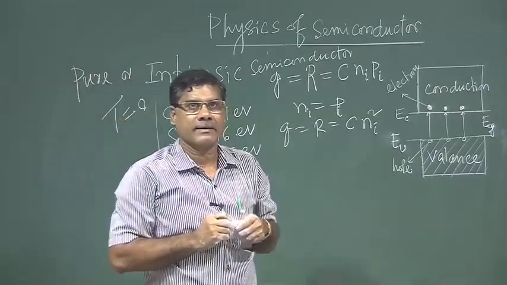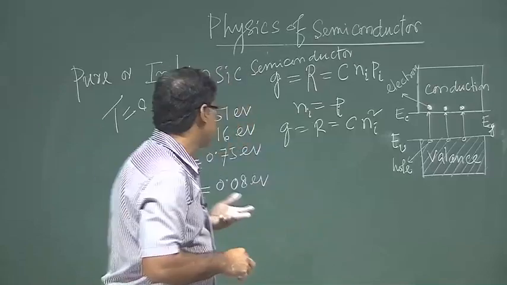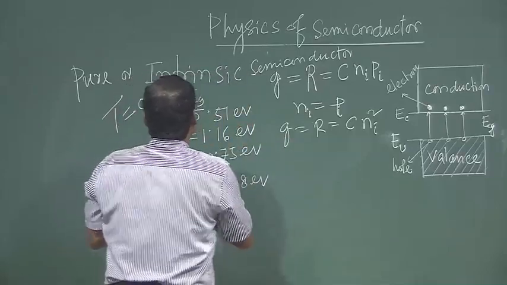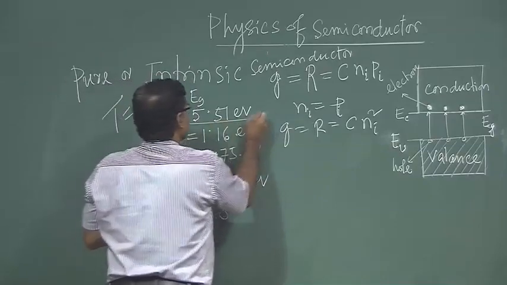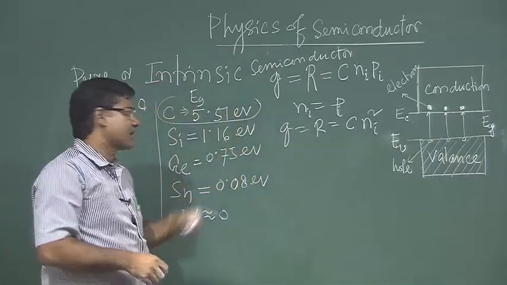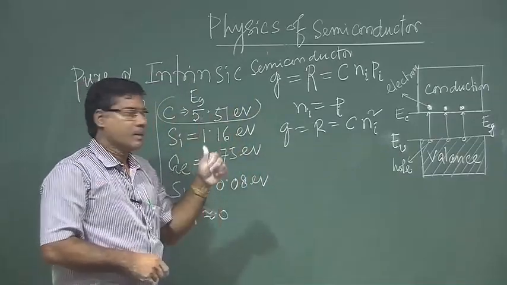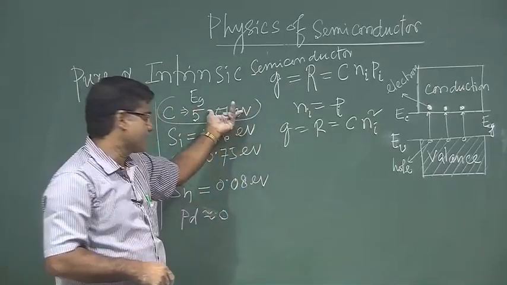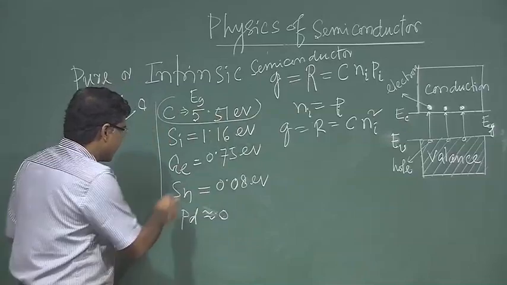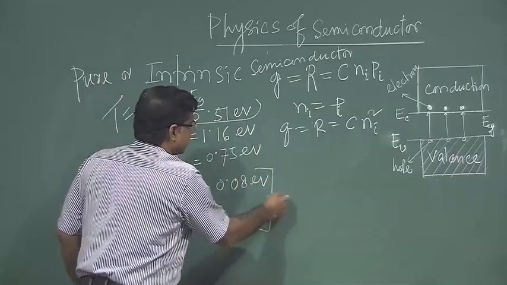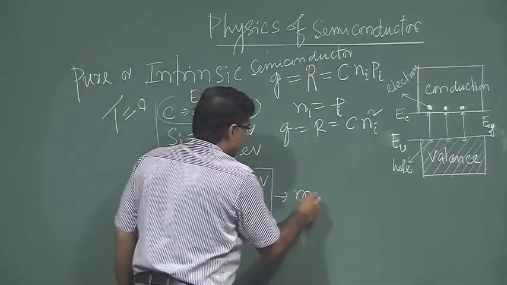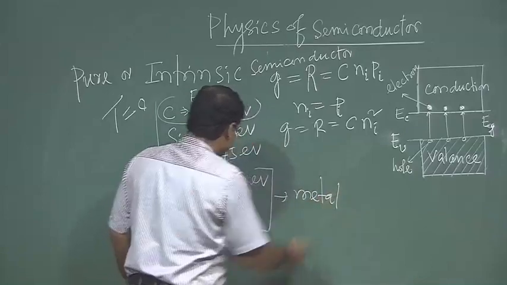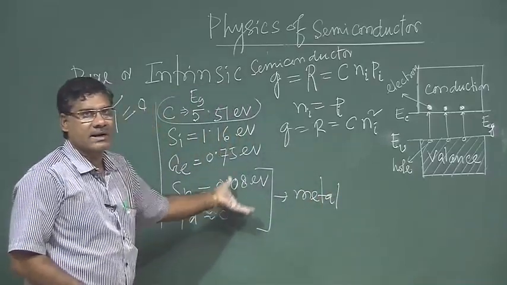At room temperature, although carbon is in group 4, its band gap is so high that it is an insulator even at room temperature, and tin shows metal behavior because the band gap is almost negligible.